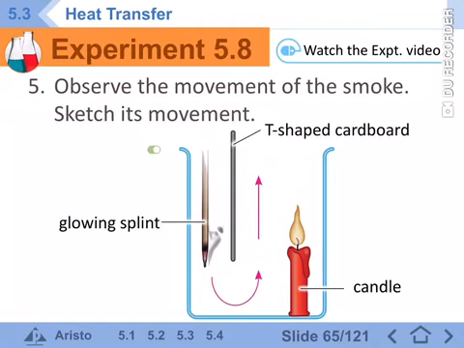The hot air next to the candle would go up because hot air has a lower density, it wants to go up. And the space left behind, the void, what would happen to that space? It is replaced with the glowing splint's cold air. The glowing splint only produces smoke. It had only a slight temperature change, so we consider it negligible in the room temperature.